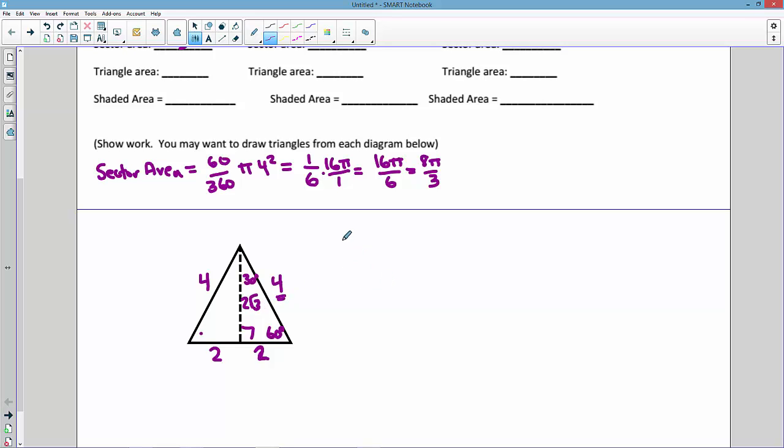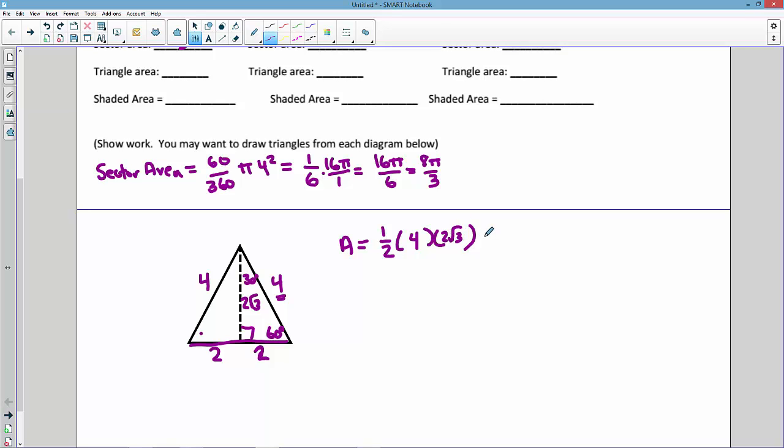But for the area of this triangle, it's 1/2 the base times height. So in the right triangles, it's 1/2 times the base times the height. The base is 2. I'm sorry, the base is not 2. The base is 4. All the way across is 4. So the base is 4. And the altitude, which is what we spent that time doing, was 2 radical 3.